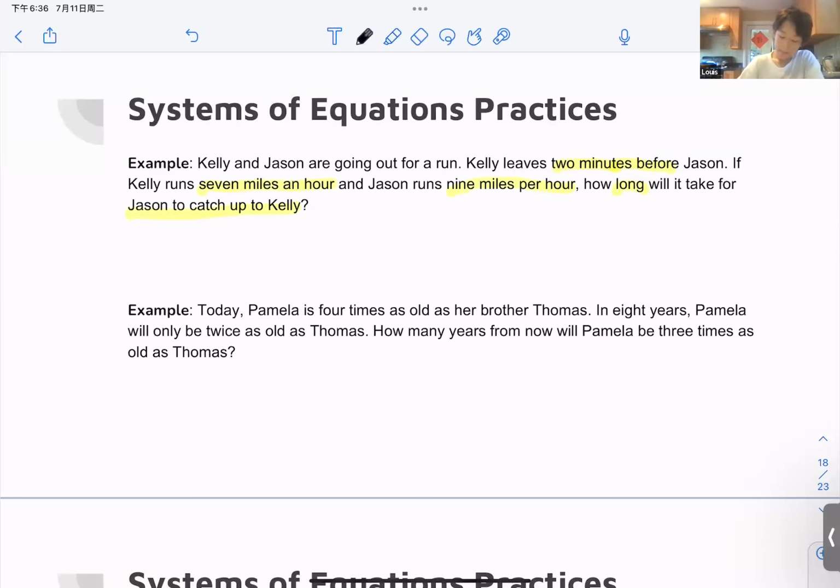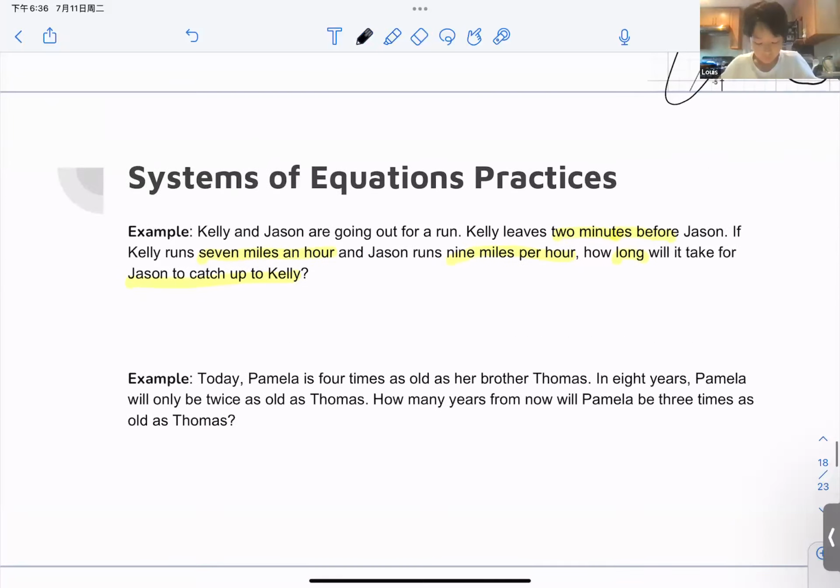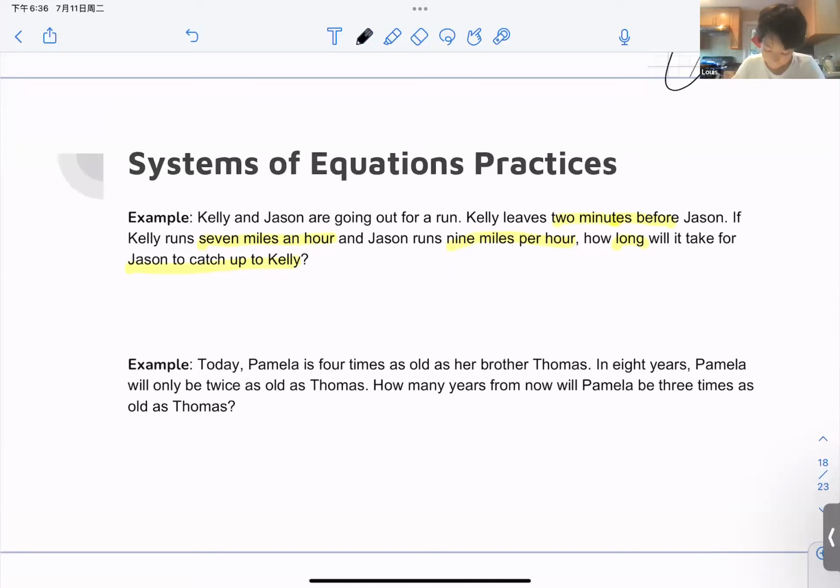So for the first problem, Kelly leaves 2 minutes before Jason and her speed is 7 miles an hour. So she has a head start of 7 over 30 miles.